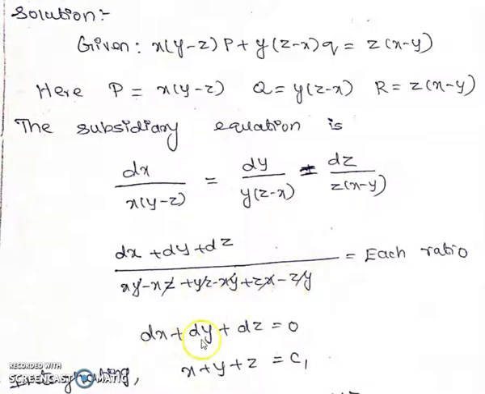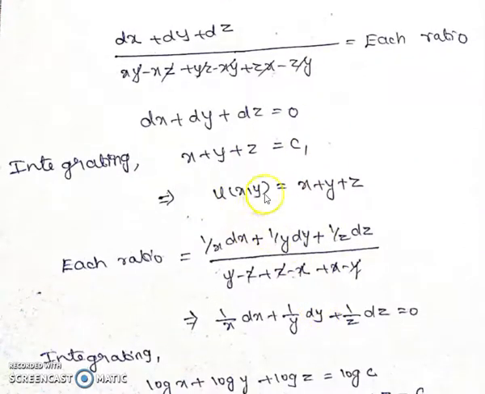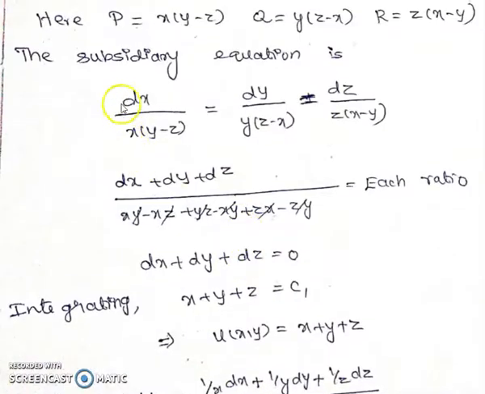Therefore dx + dy + dz is equal to 0. After integrating, we get x + y + z equal to an integration constant. So we take this as u(x, y) = x + y + z. Next, another one, consider 1/x dx, that is, take this x to the numerator.